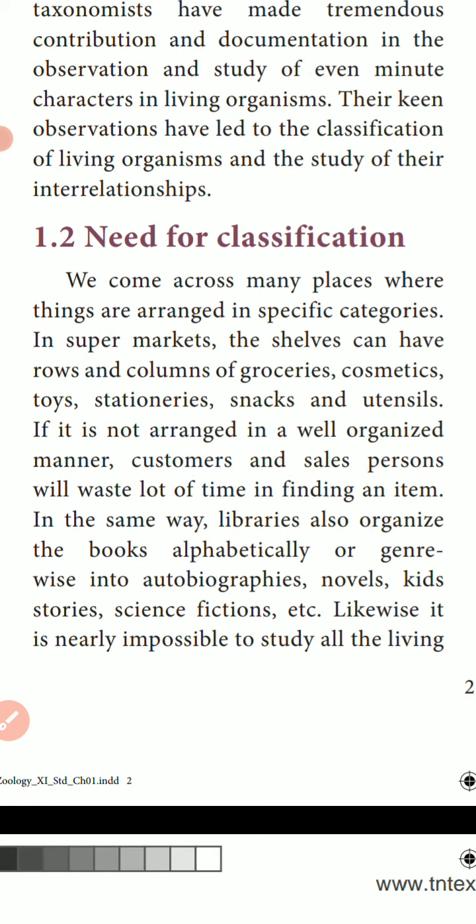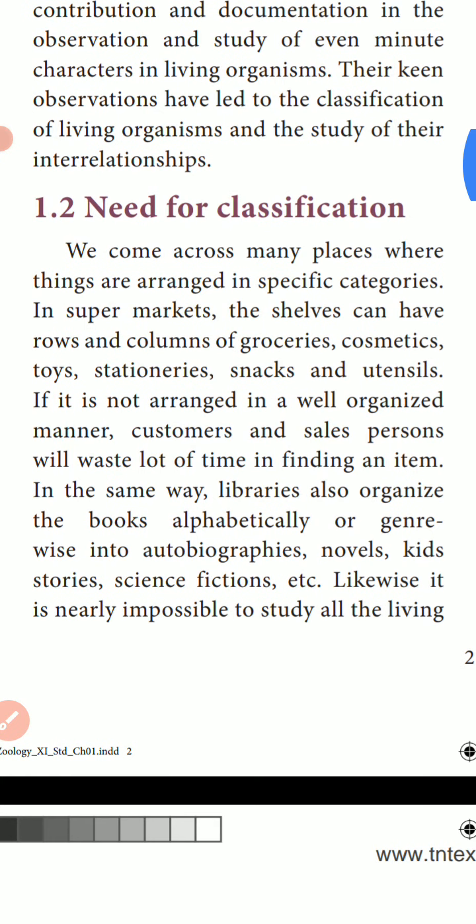For example, a supermarket. In a supermarket, many shelves will be there. You might have seen that on those shelves there are rows and columns of groceries, cosmetics, toys, stationery, snacks, utensils.